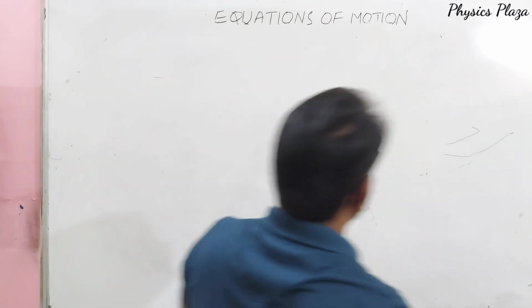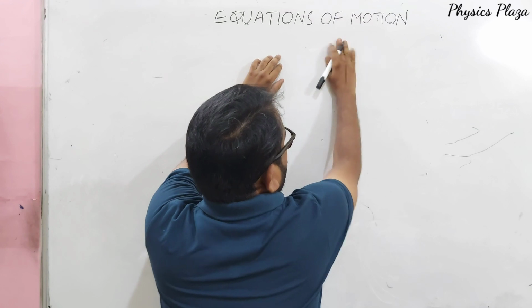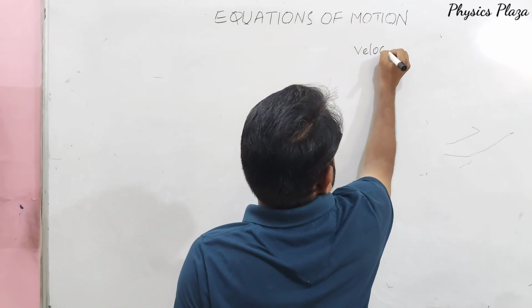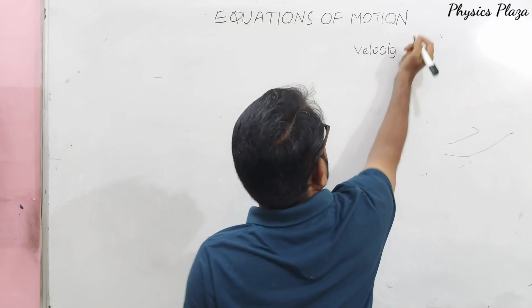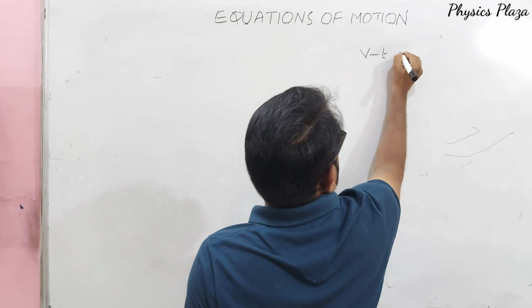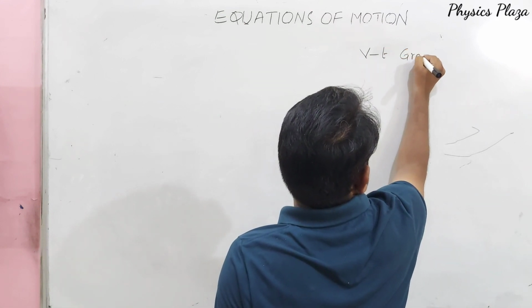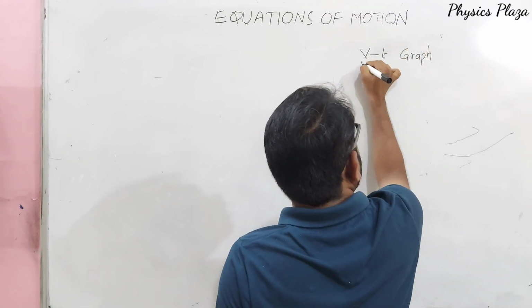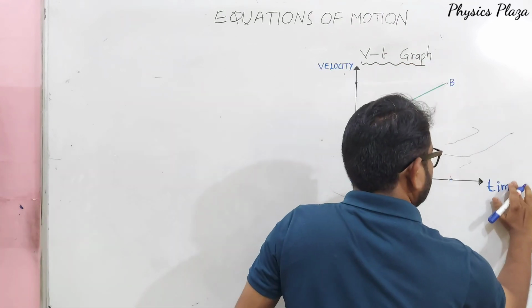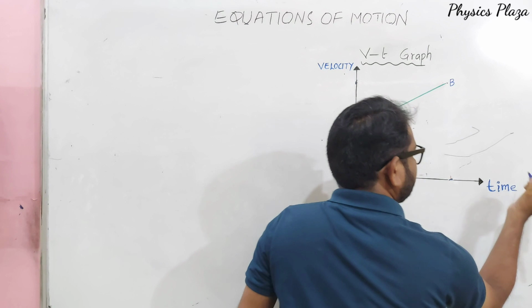Let us make a velocity time graph first. It is a VT graph. With the help of this only, we are going to derive the expression. Here is time.